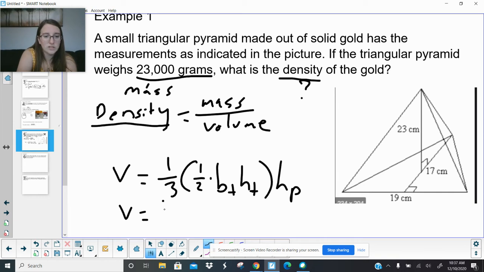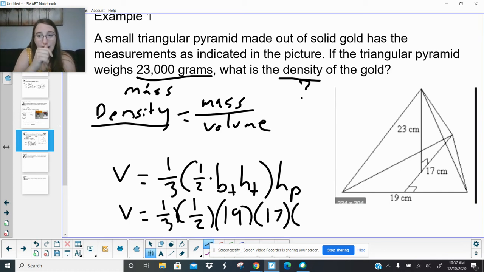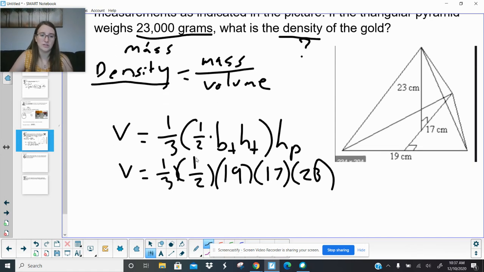So here's my volume. This is 1/3 times 1/2 times the base of the triangle is this, 19, because we're talking again about the triangle lying flat on the ground. The height of the triangle is 17, and the height of the pyramid is 23. Notice again, I just used those three numbers. If you mix them up, you will get the same answer.